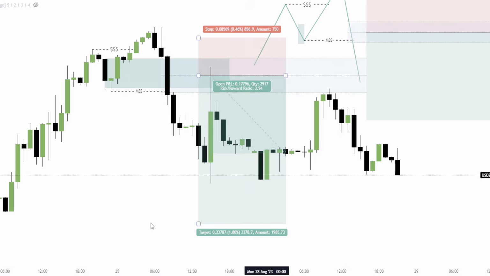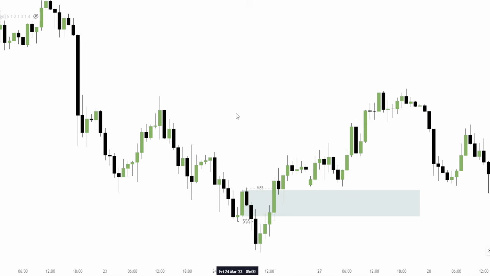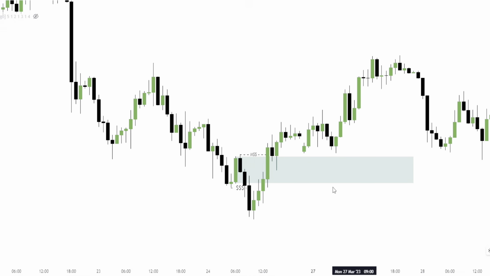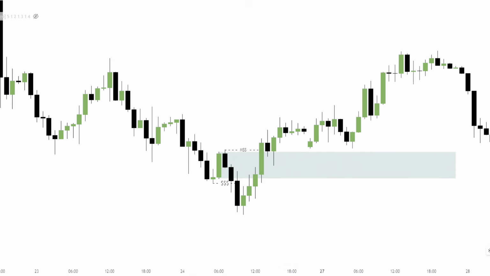Let's check for another example, and then I'm going to show you more and more of such kind of entry. So here is another example right here, and you can see price coming down, pushing down here, sweeping liquidity below here, and then shifting structure. Look at this. There is a fair value gap confluencing with your breaker block right there.